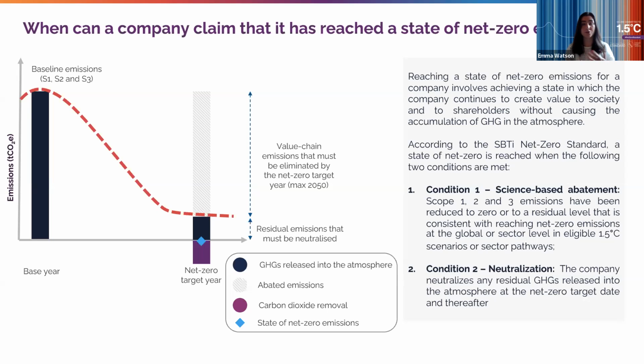The company should have reduced its scope 1, 2, and 3 emissions to either zero or a residual level that's consistent with 1.5C pathways that reach global net zero. The second condition is that any emissions that do remain are then neutralized at the net zero target date and thereafter. So a company would essentially have to have had that level of abatement and neutralization to be able to claim net zero.